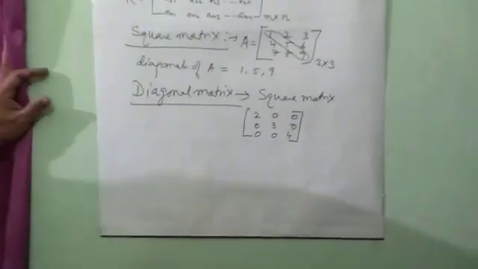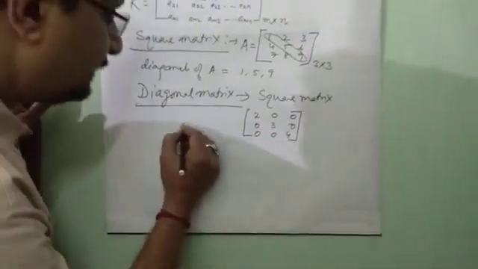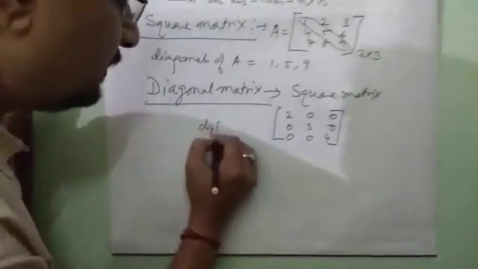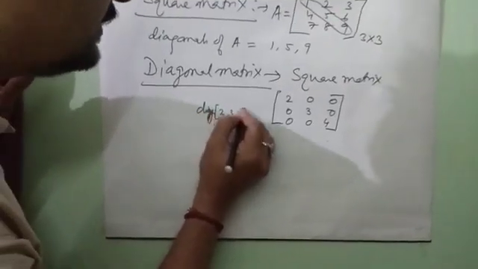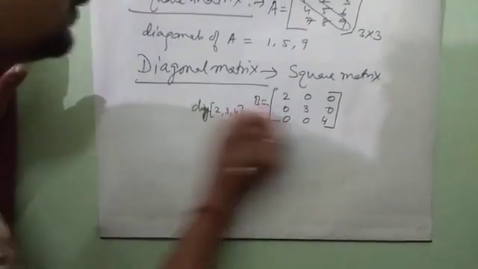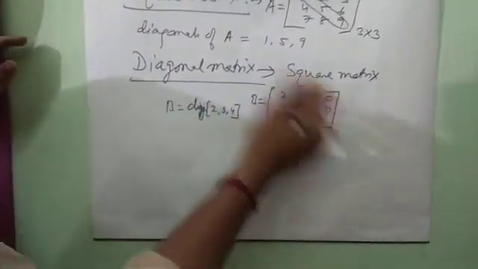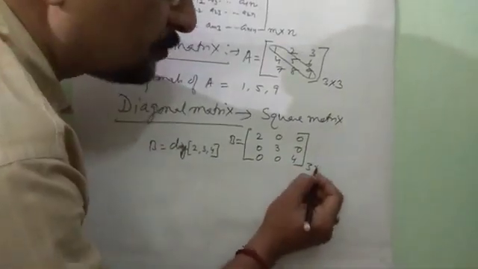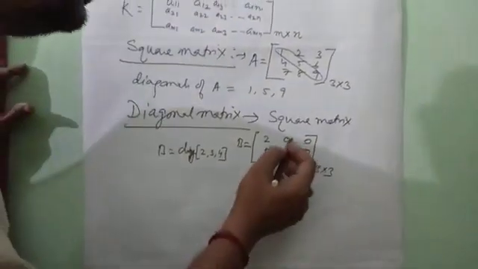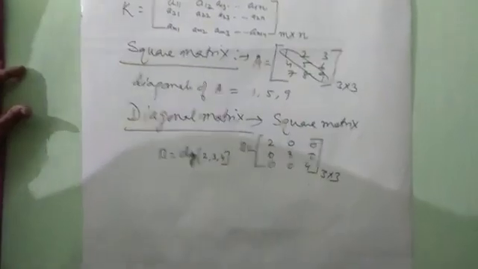Then this is the diagonal matrix and we can write it as diag(2, 3, 4). Suppose the name is B, so I can write B is equal to this. So this is a diagonal matrix, a square matrix, order of course 3 by 3, and the non-diagonal elements are all 0.